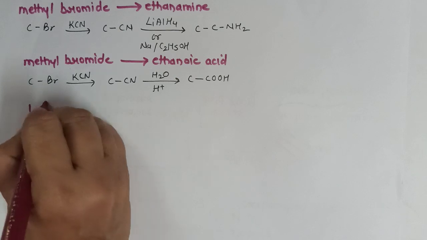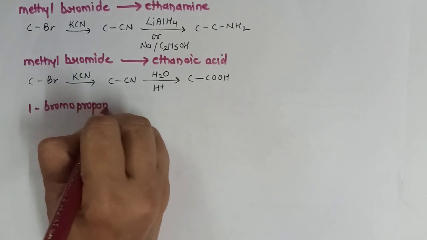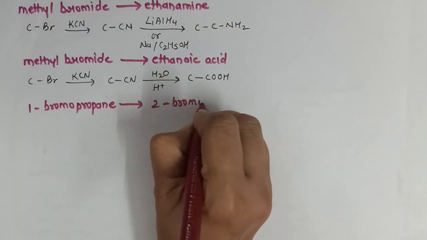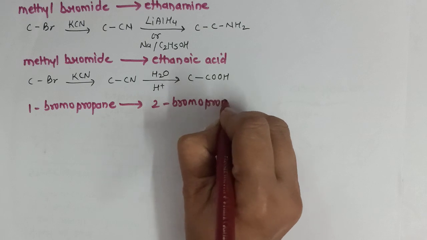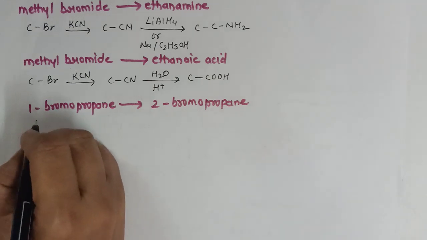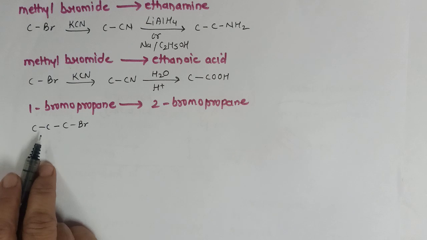Next is 1-bromopropane to 2-bromopropane. In this we are supposed to change the position of bromine in propane. So 1-bromopropane, now I want 2-bromopropane.